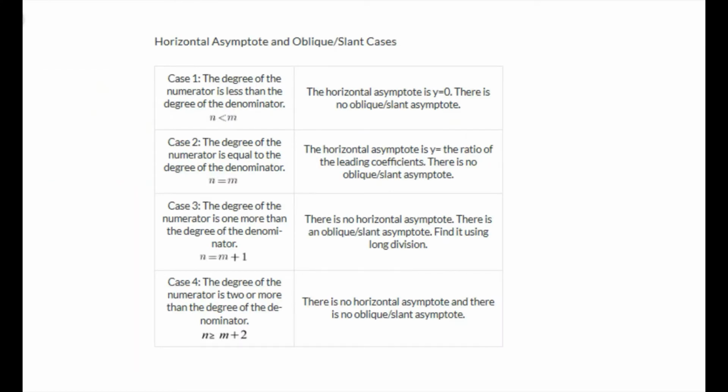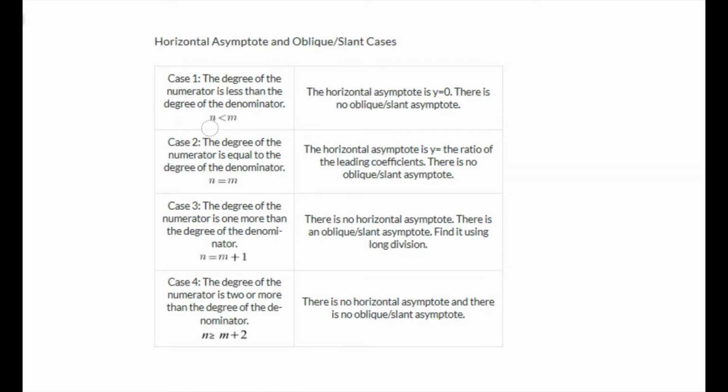So these are the rules related to horizontal and oblique or slant asymptotes. We have 4 different cases here, and all 4 cases are based on the degree of the numerator and the degree of the denominator. The degree of the numerator and denominator is basically the highest power on x.